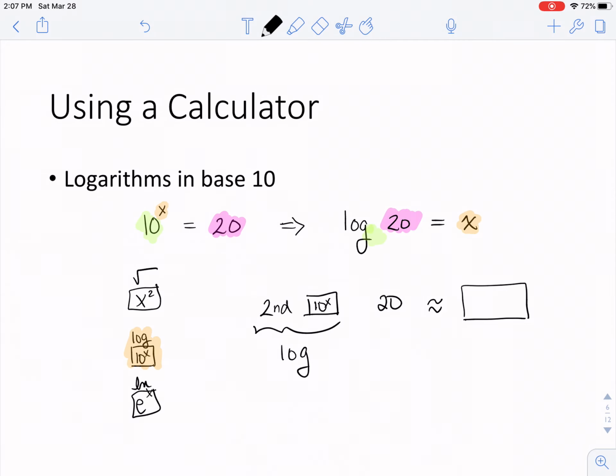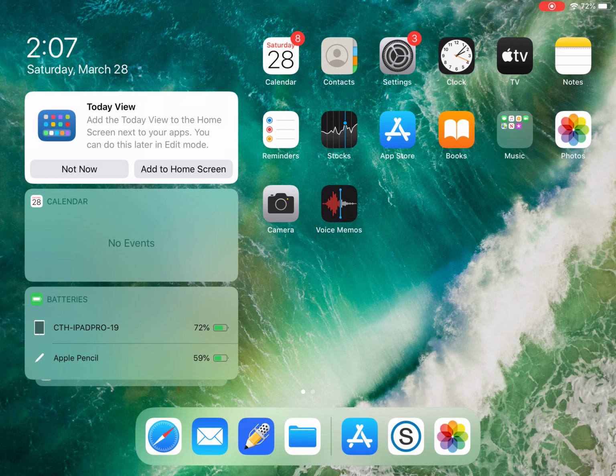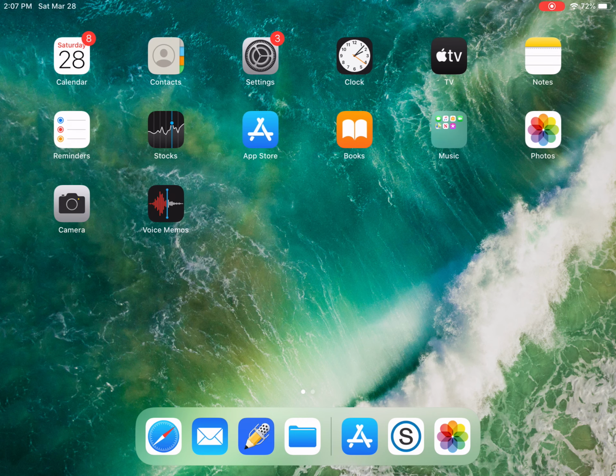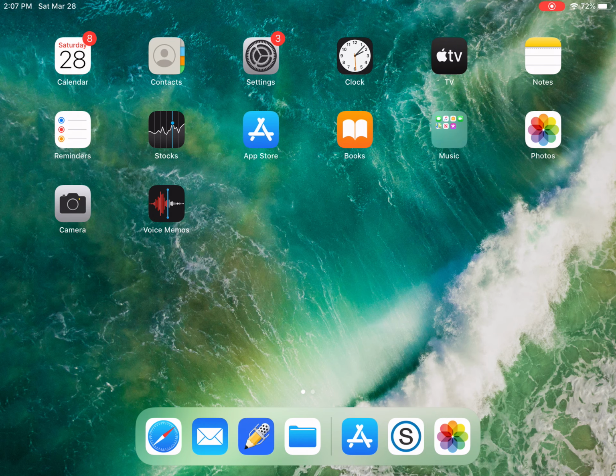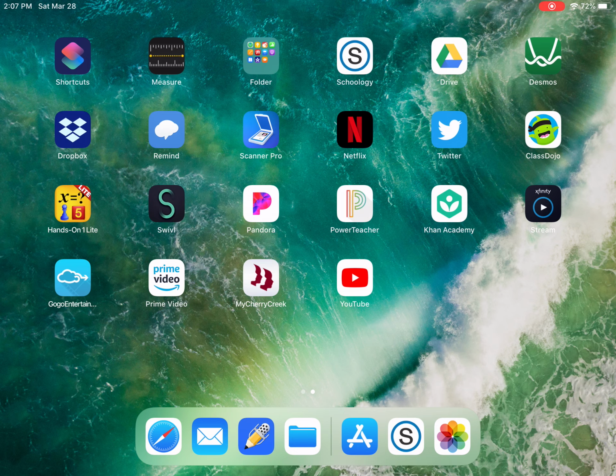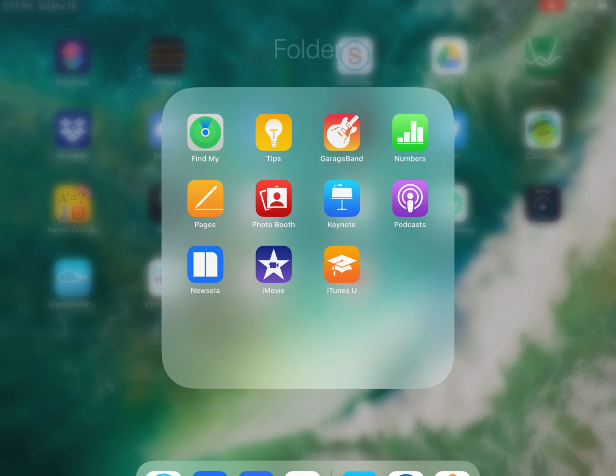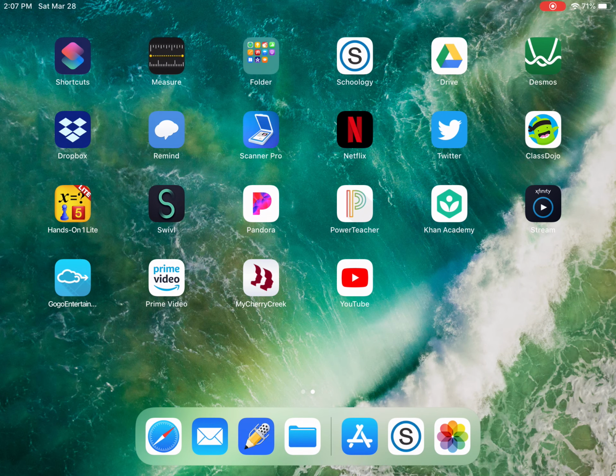I don't want to stop recording, but I didn't bring up my calculator. I think I'm still screen sharing with you guys. This is very, very interesting for me. Where's my calculator? I swear I have a calculator on here. Maybe. Is it in a folder? No. I guess I don't have a calculator.